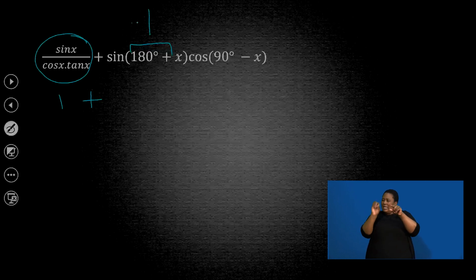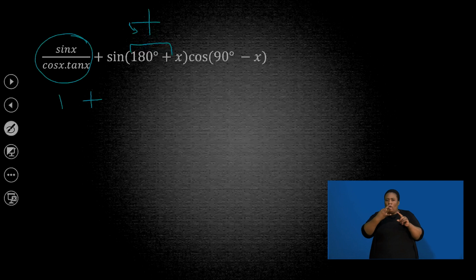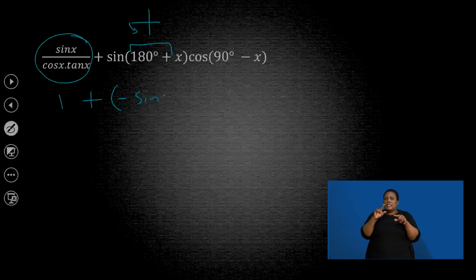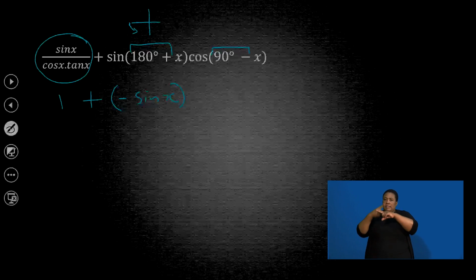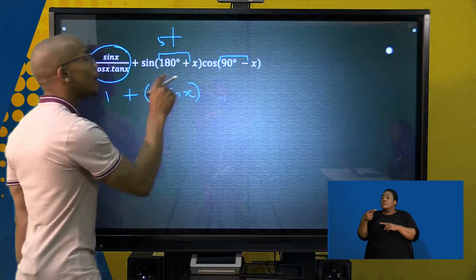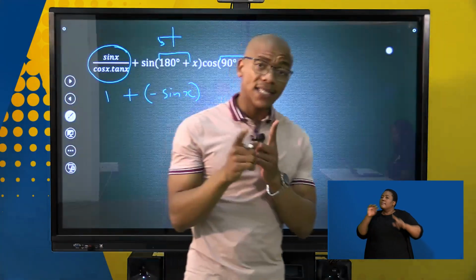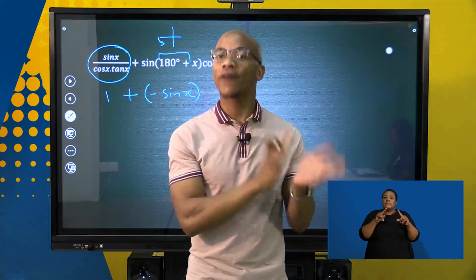It means that we are going from 180 into the third quadrant. So we are locating the sine in the third quadrant. What do I know there? Sine is negative in the third quadrant, and therefore that makes it negative sine x. Multiply by 90 minus, which is in the first quadrant. Remember, all of them are positive, so my answer will be positive. But because of the 90 plus or minus, the ratio will change to its co-function.